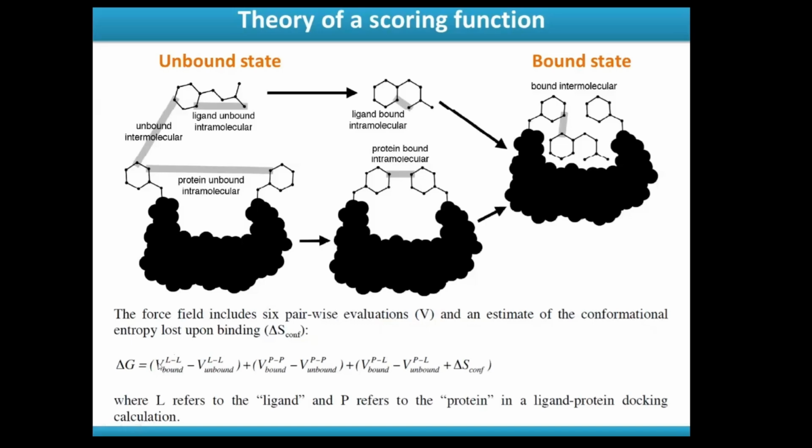So this is the equation where that is the potential energy of the bound term ligand to ligand, that is this one here, then unbound of ligand to ligand, right? And so on, right? So basically these six terms are put into this particular equation.